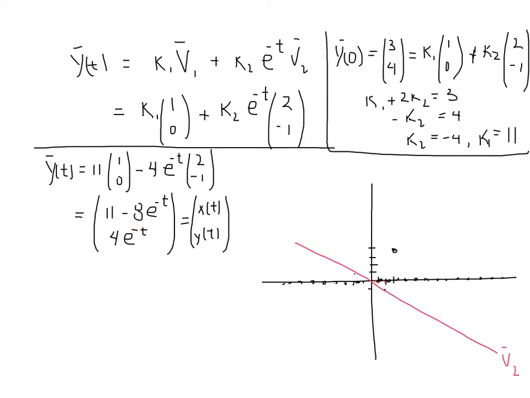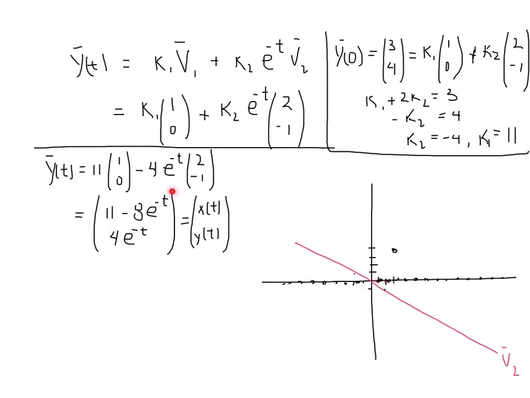But as time moves on, e to the minus t gets smaller, so 8 times it is less than 8. And we're subtracting less and less from 11 as time moves on, but we're approaching the value. The limit as t goes to infinity of this value is 11. The y value starts at a height of 4 and asymptotically goes to 0. 4 times e to the minus t as t moves forward goes to 0.